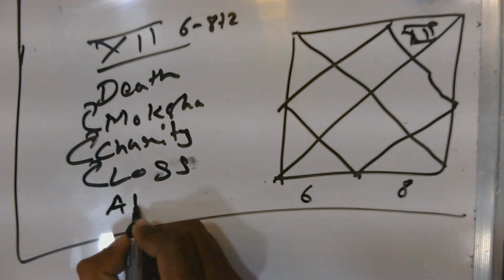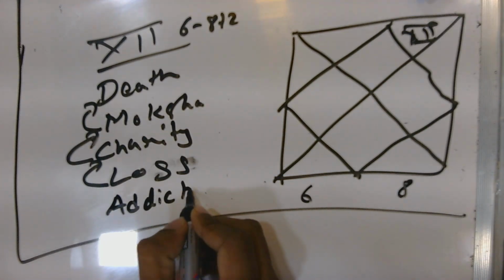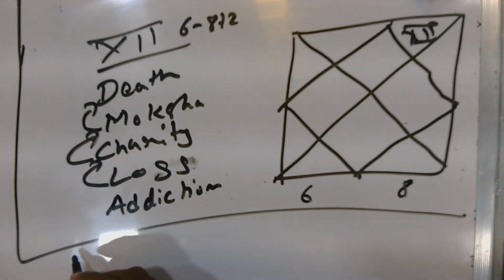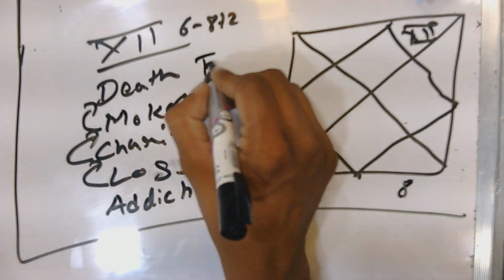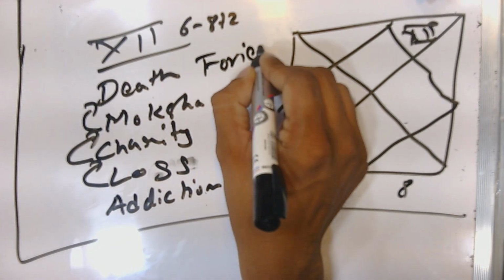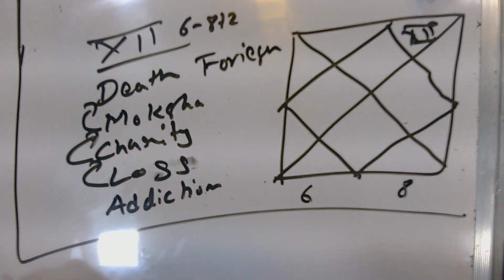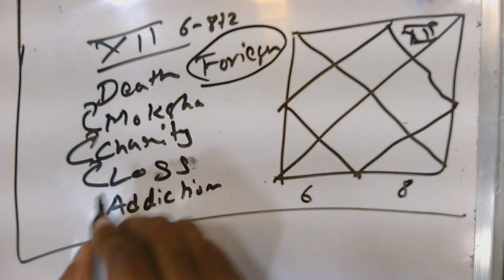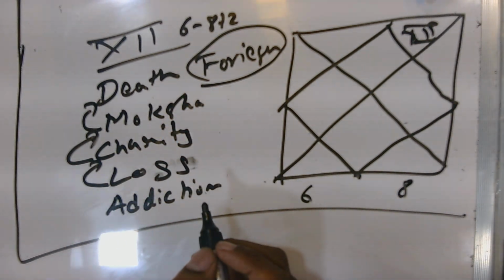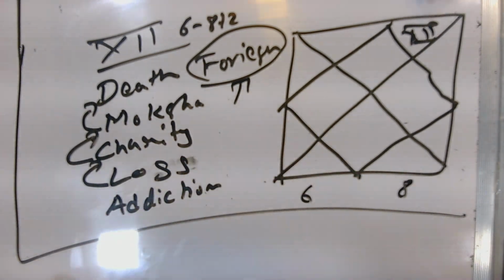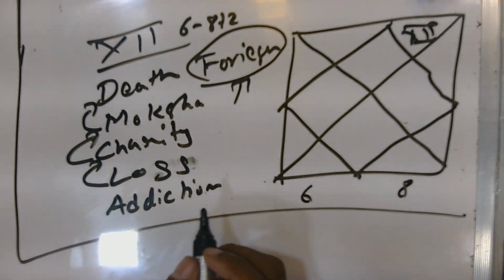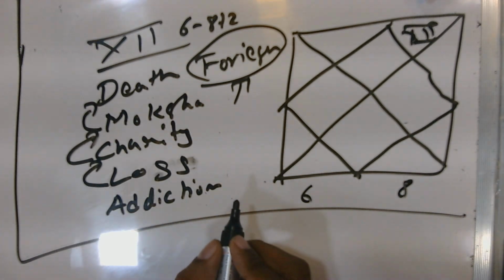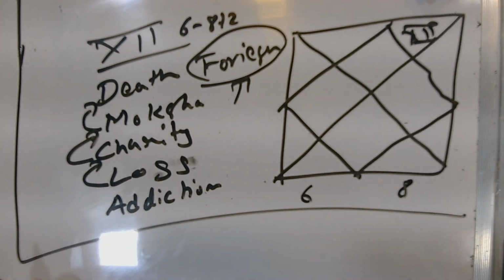This house is associated with addiction problems. This house also signifies foreign lands. If you are settling in a far away place from your native place, it can be seen from this house, or your foreign travel. So these are the things which are generally associated with the 12th house.